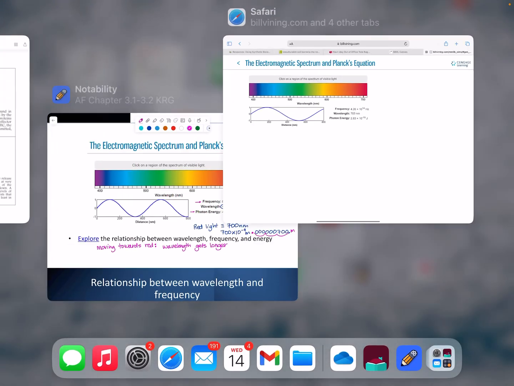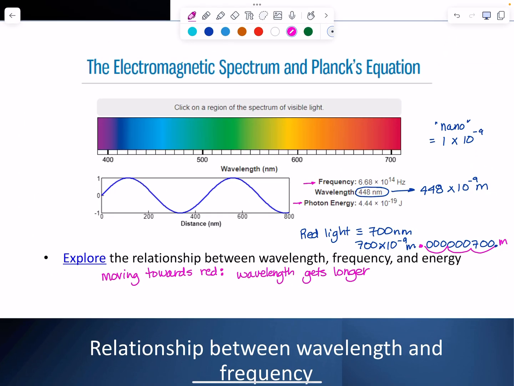So let's talk about what frequency is, okay? So frequency, I'm going to say decreases, okay? All right, so if I just say I eat chocolate frequently, what do I mean?